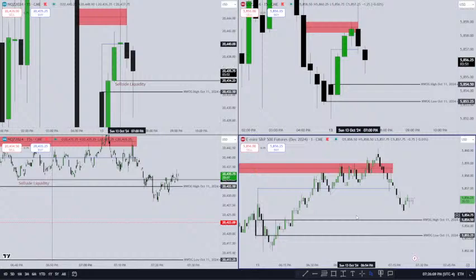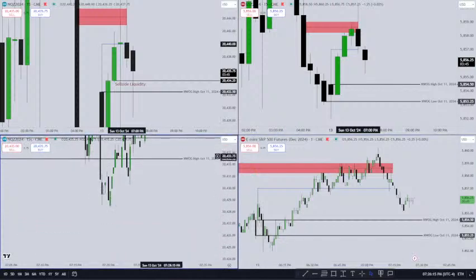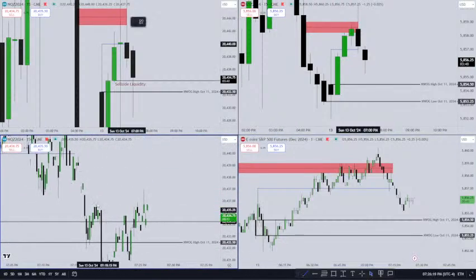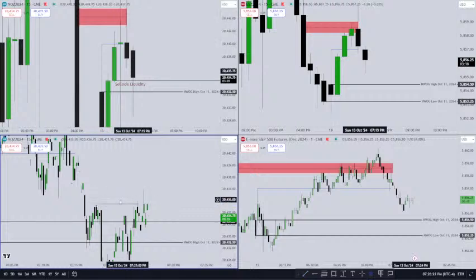So yeah, came up into these highs, even though these do not look relatively equal. Right here, just because it is in an imbalance, I'd allow it to kind of form like a 3 drives pattern. So 1, 2, 3.